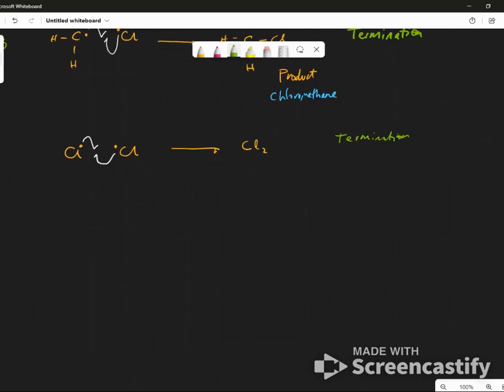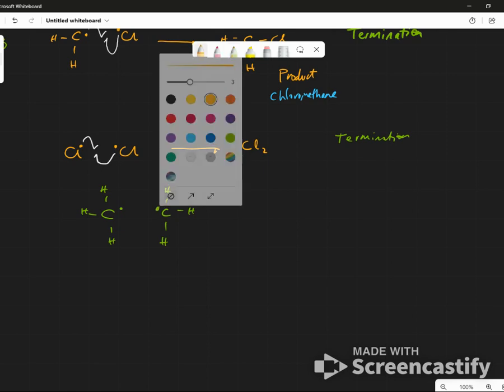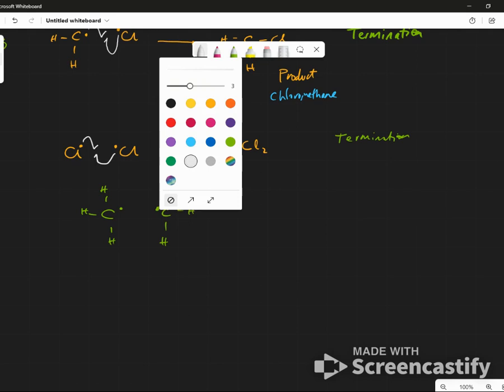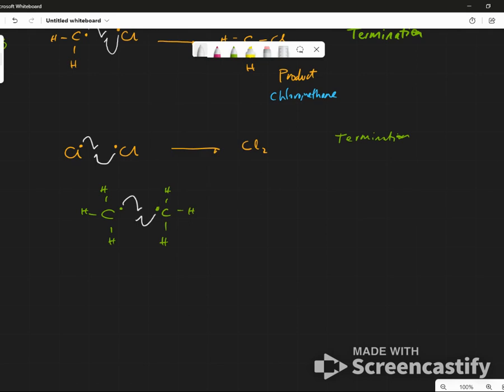But another product possible is this, as Tamani says. One of the methyl free radicals meets another methyl free radical. There you go, and let's do the electrons. One electron goes here, one electron goes here, and we get ethane.